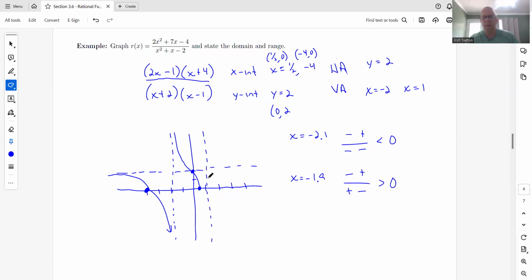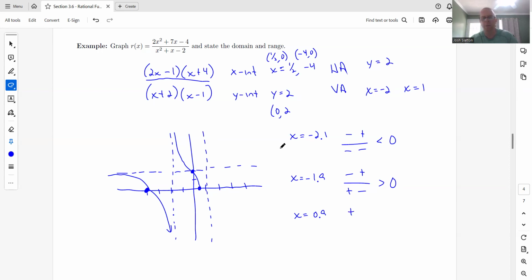And so now we need to see what happens at the asymptote x equals 1. So let's go a little bit on the left side of 1. Let's do 0.9. Plug in 0.9 for the x's. So 2 times 0.9, that's 1.8 minus 1.